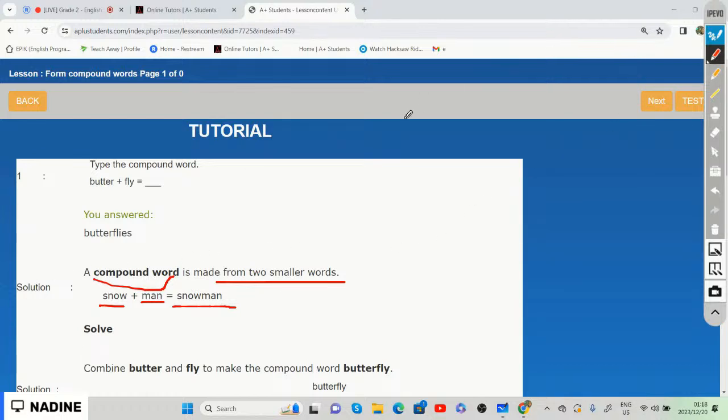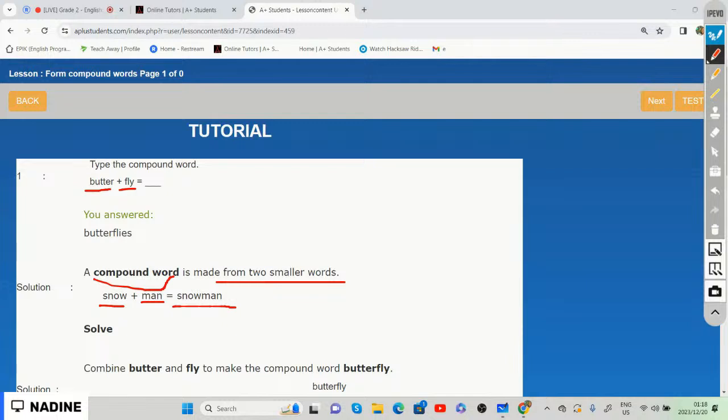All right, so now if we look at these two words, it says we need to type the compound word. We have butter plus fly. Can butter fly?